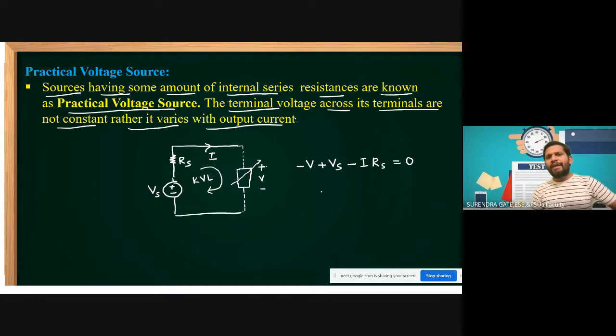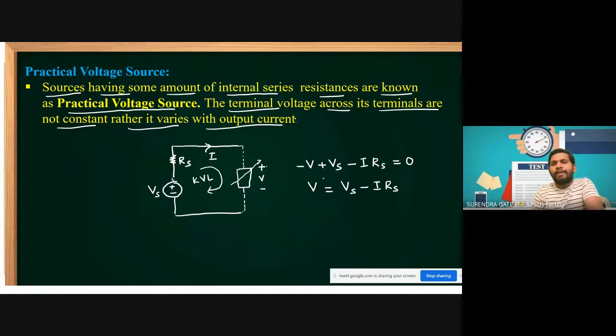Then the load voltage V equals Vs minus I into Rs.